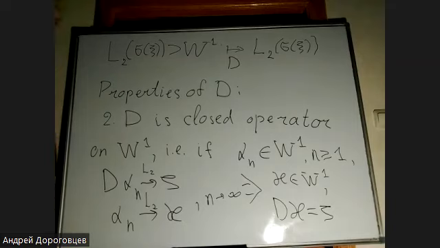So the property to be closed is slightly weaker than the property to be continuous. Of course, a continuous linear operator, which is defined on all the space, is a closed operator. But our operator D is not continuous. And it is, again, a good exercise to check that D is not a continuous operator.